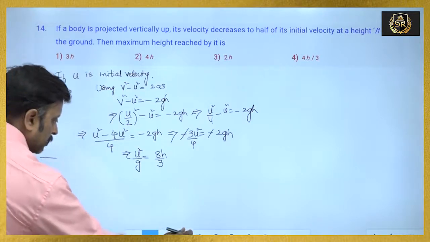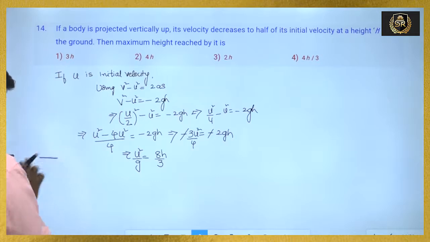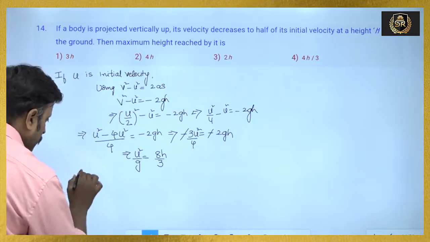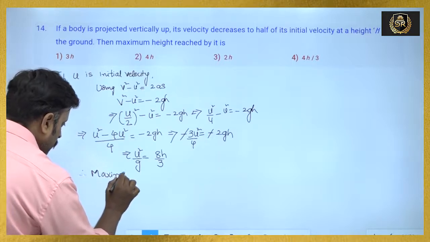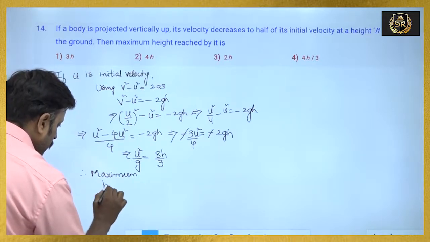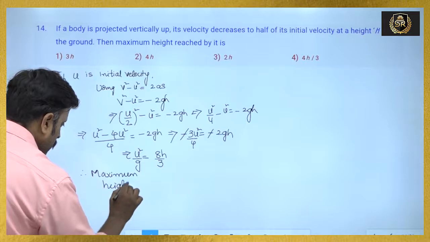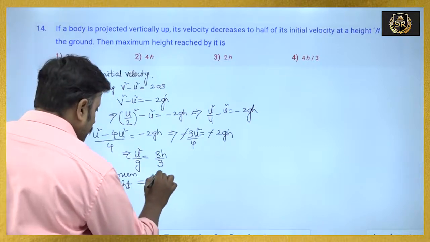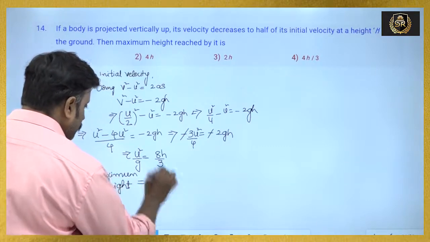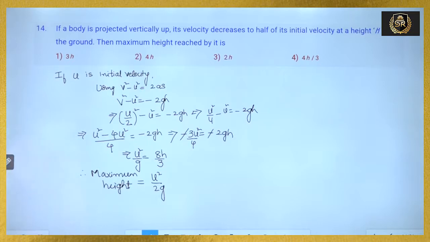So you are asked to calculate maximum height now. Therefore, the formula for maximum height is u square by 2g.